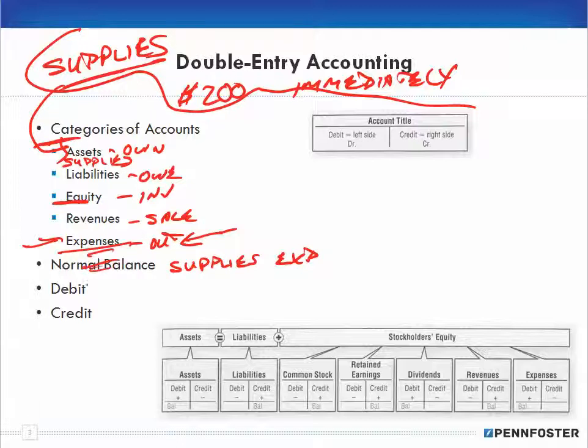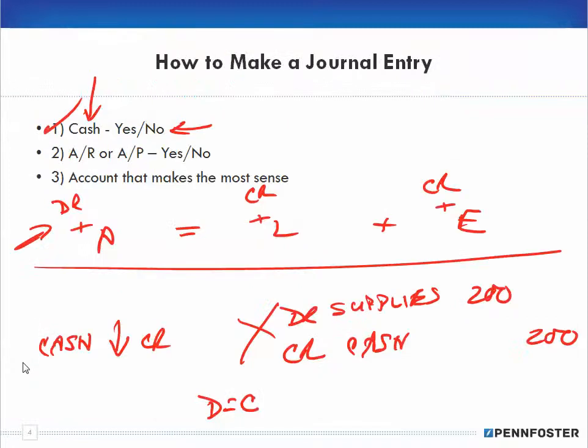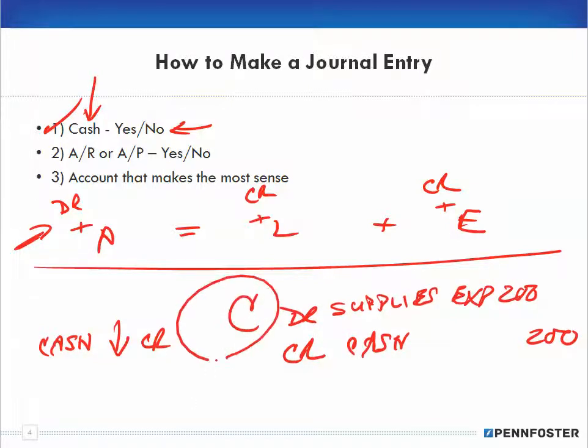And underneath those accounts listed under expenses, I'm going to see supplies expense, and that's what I'm going to use for my journal entry. Supplies expense for 200.